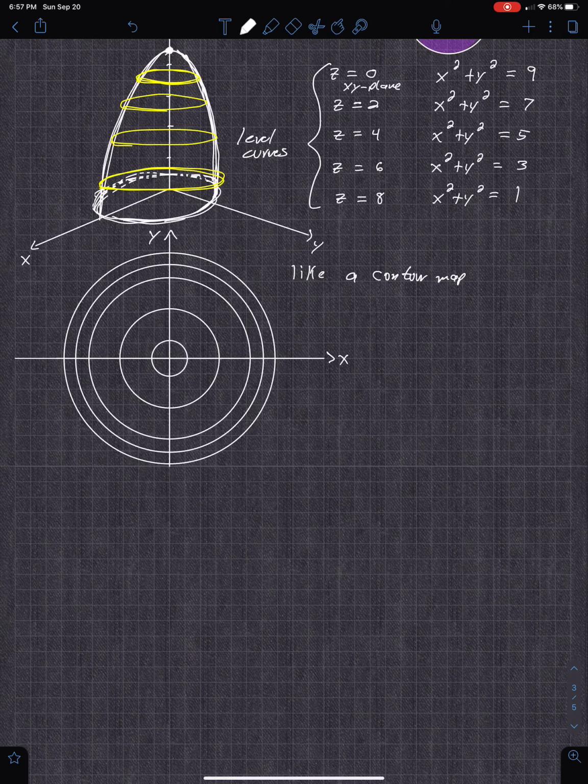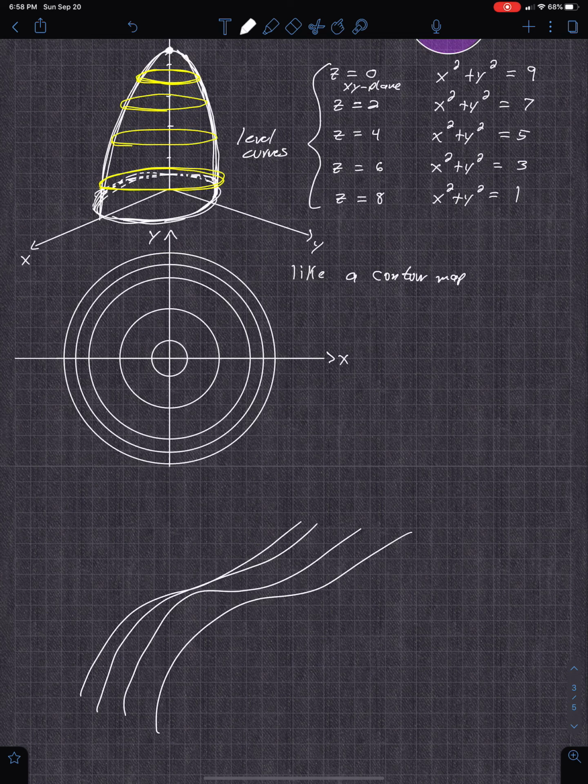So this is where I usually pull out a topological map and show it to you. If you see these contours and they start getting really close together, then you know something's really steep.